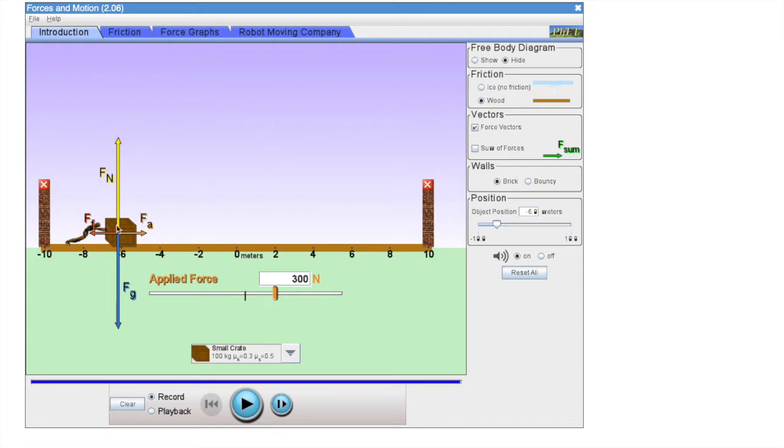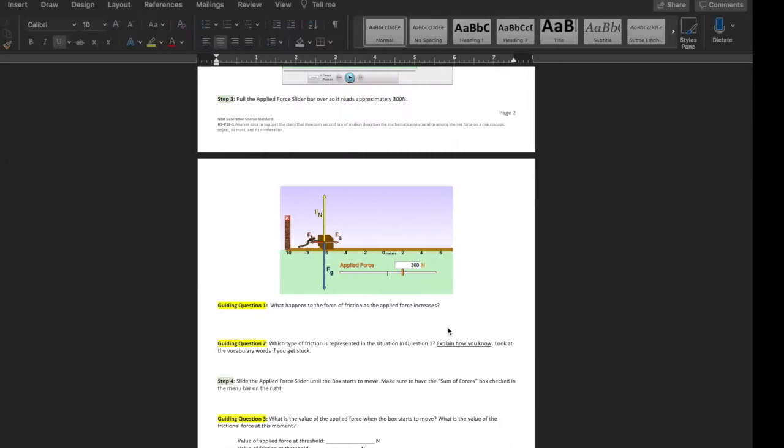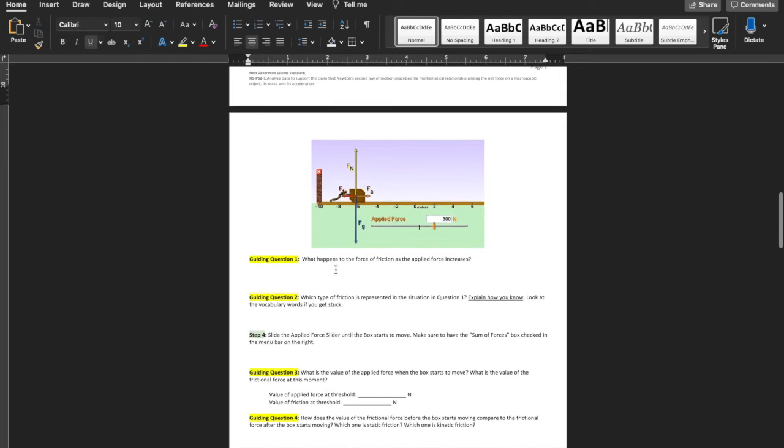And we have a couple of other forces, we'll discuss those in a minute. But our first question is, what happens to the force of friction as the applied force increases? Well, what we see is that the force of friction increases to cancel out the applied force. Okay, and so we saw that by seeing that the arrow changed length.